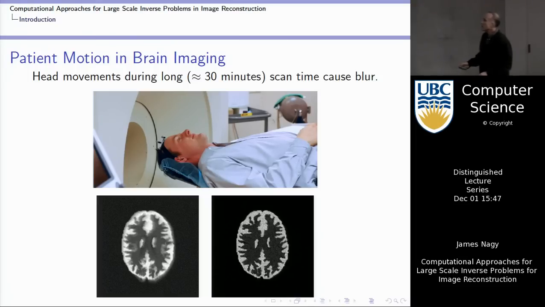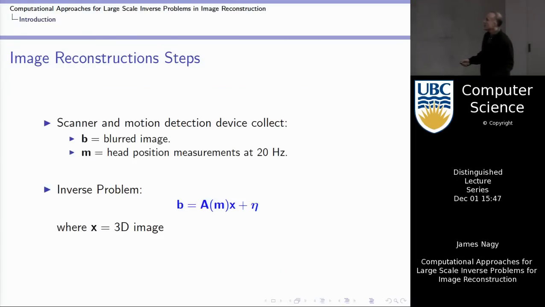From that, you can build up this motion blurring matrix, and then you solve the inverse problem for the object. And this is a 3D imaging application.